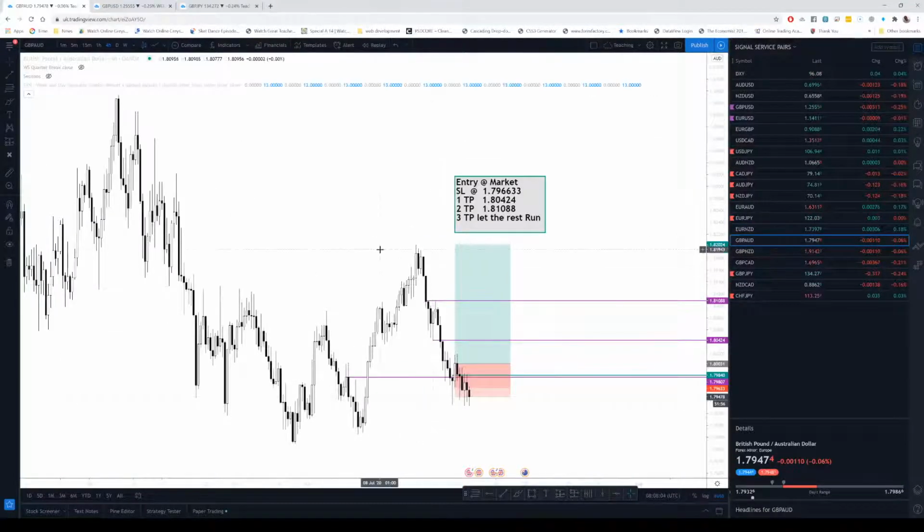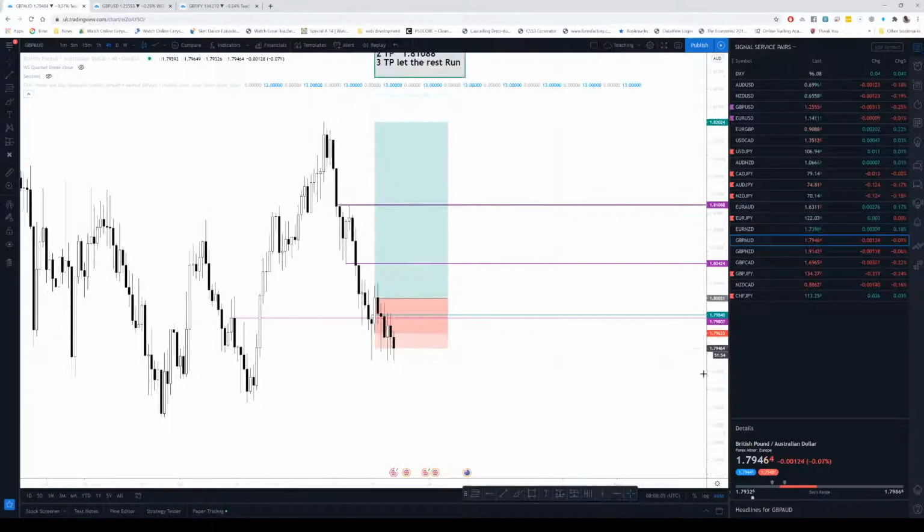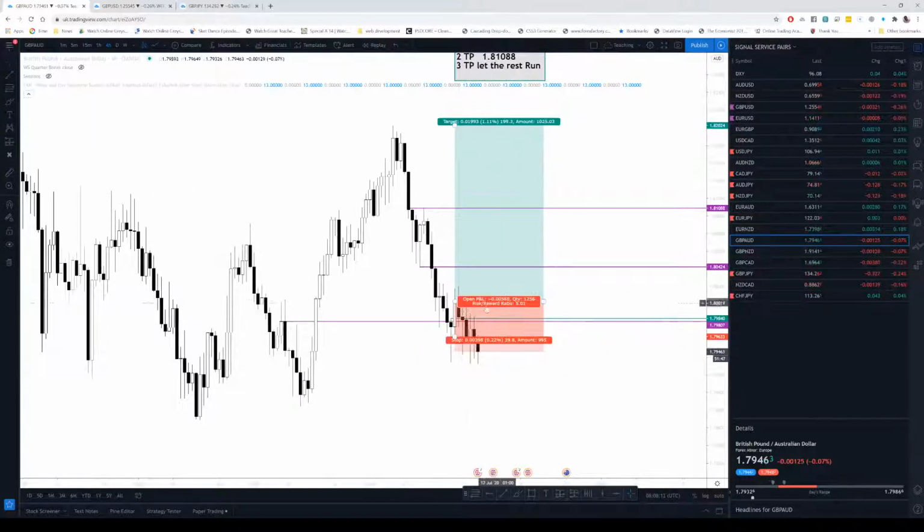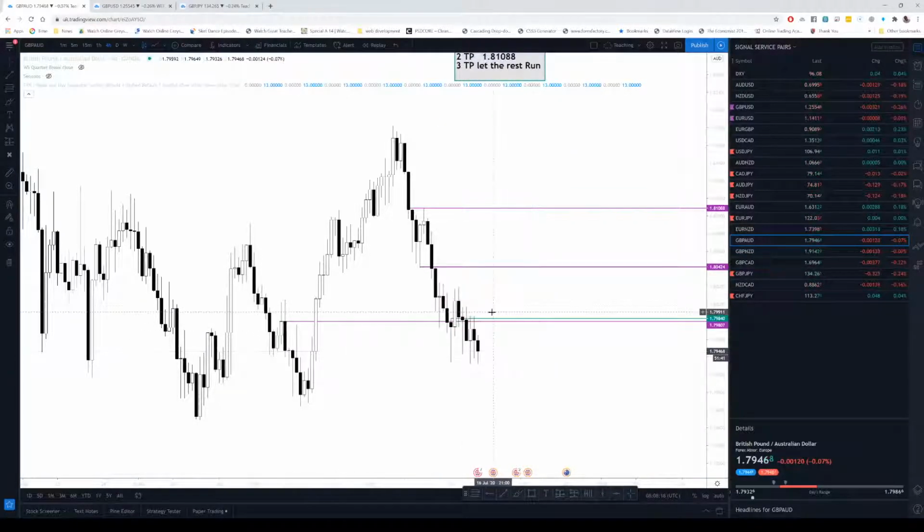Another trade that got stopped out was this one. Same thing, waiting for price to retrace into a level and give a rejection. So we did get a rejection in here, right? Let me take this one, put it back on again. We did get a rejection, swing low formed, so we are buying this high here, right?